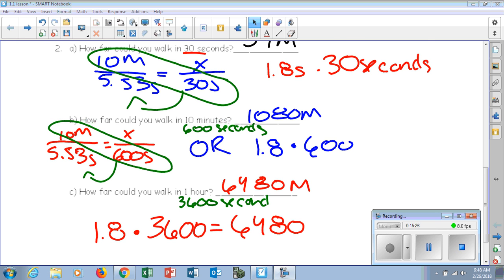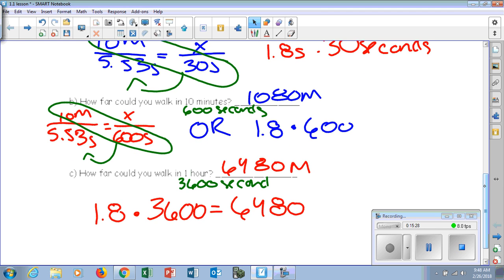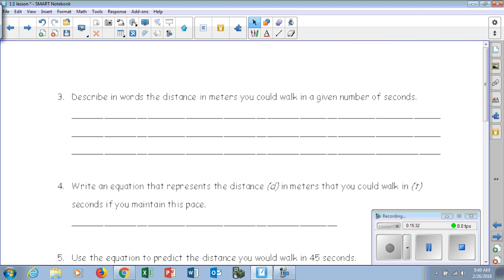Yes. Exactly. Thank you. So basically, like Maria said, the walking rate per second that we found, which was our 1.8, we're going to multiply that by the number of seconds that we walk.